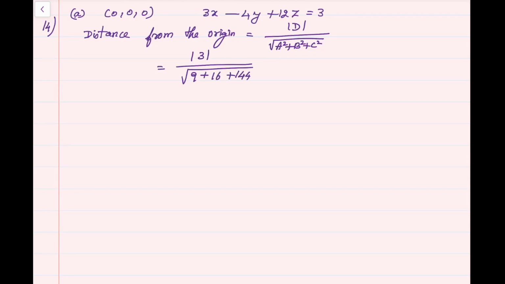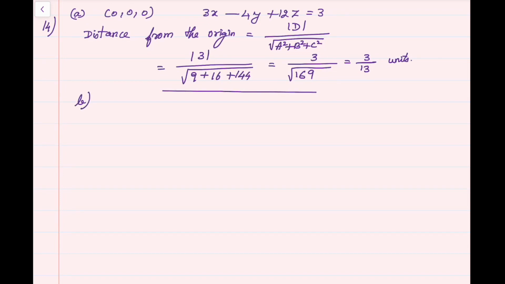Whether you write absolute value of minus 3 or plus 3, it is the same. 3 divided by root of the total, which is 169. Root of 169 is 13. Therefore, the distance is 3 divided by 13 units.